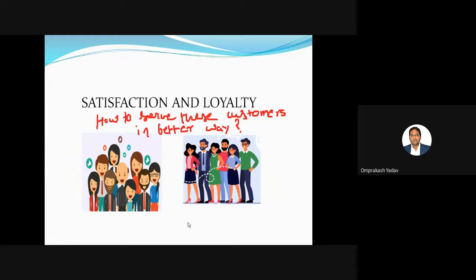Now what can we do, how can we serve these customers in a better way? First, we have divided them into groups. That will be easier for us, so that we can create certain kinds of strategies, right? Because definitely a certain group of people will require different kinds of strategies. The same strategies will not be applicable to the other group of people.